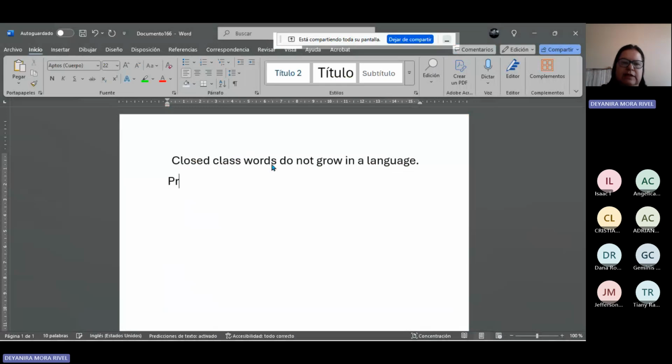So let's take the example of pronouns in Spanish.